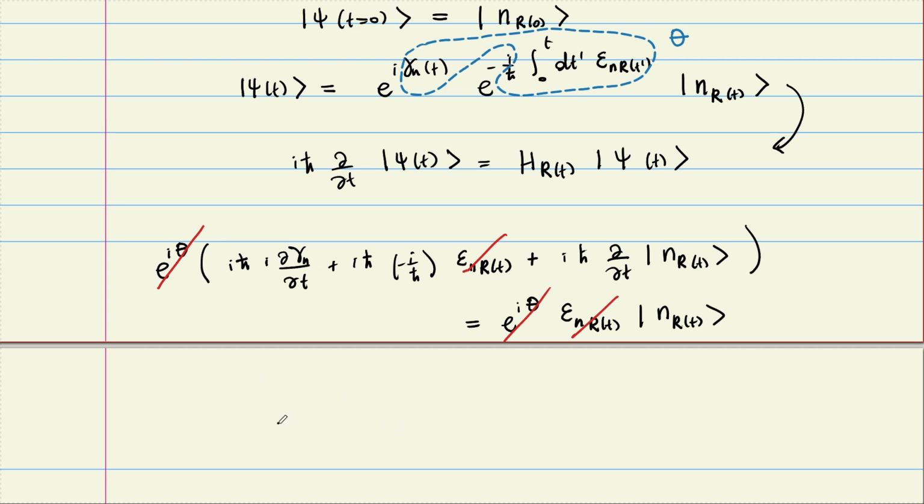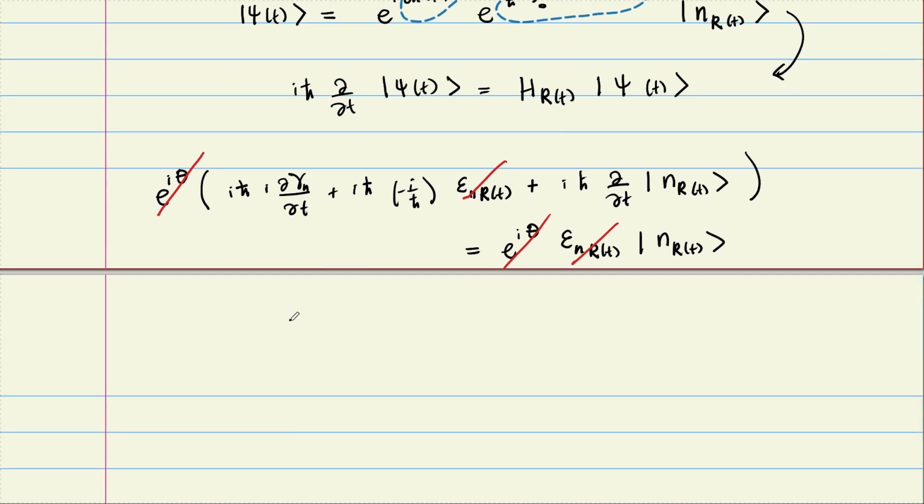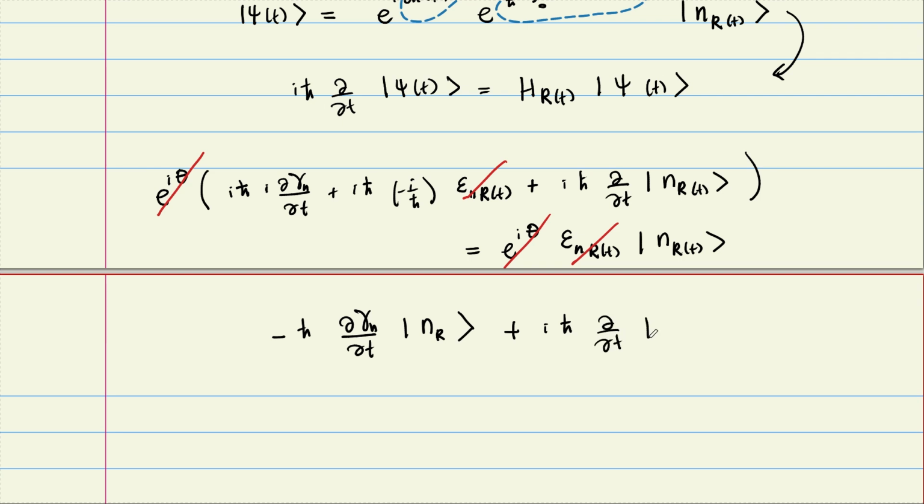Let me first write and then manipulate. So this is going to be minus h bar del gamma n del t acting on n of R. Now I leave the time explicit because I took care of time. Plus i h bar del over del t n of R. I think this h bar can also be cancelled.